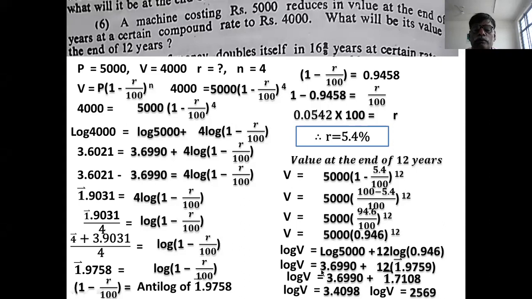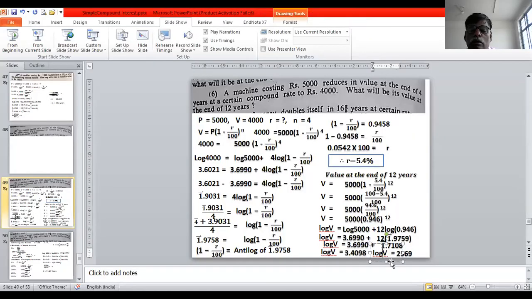This is the way of solution at this stage. Last stage, log V is equal to 3.4098, and the value at the end of 12 years is 2569.